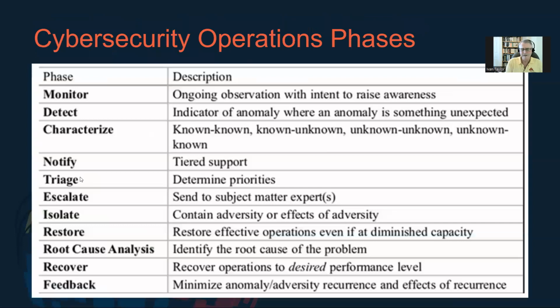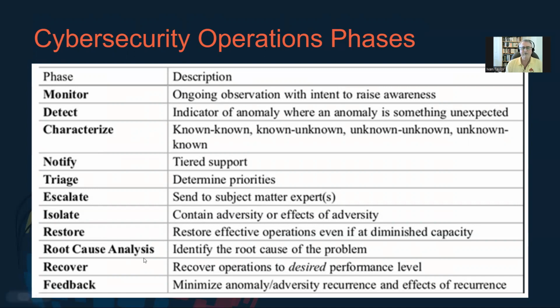So here are the phases of cybersecurity operations. It begins with the continuous monitoring of the system to evaluate when an attack occurs, and then there's a number of steps necessary to restore the system back to a certain level of capability, even if it's diminished capacity.